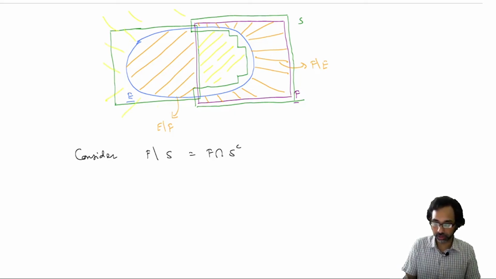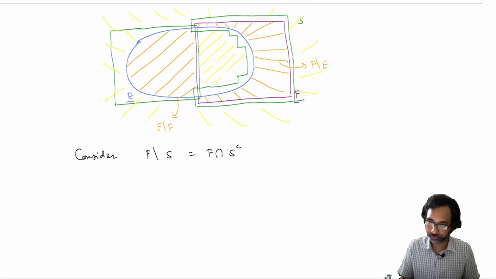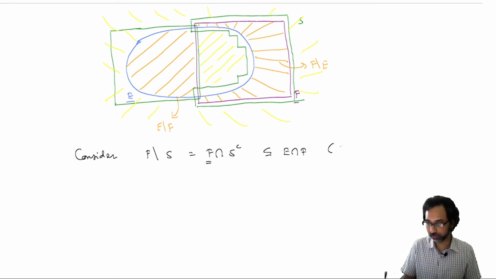So this is outside E union F. So I will consider the part which lies only within E intersection F, which is why I have taken an intersection with F. So one can easily show that this is inside E intersection F. So as an exercise, you can check this using just the laws for intersection, union and complements.